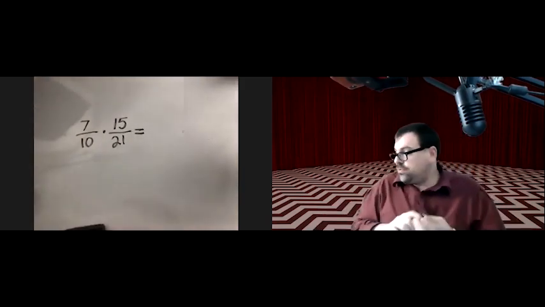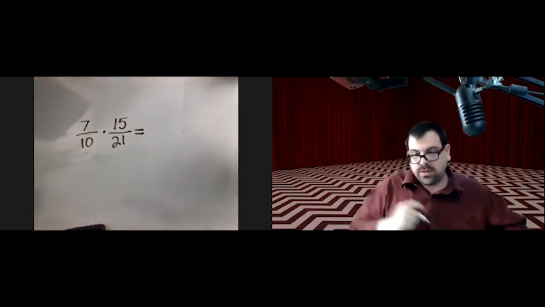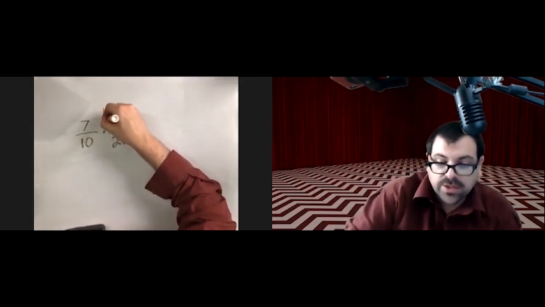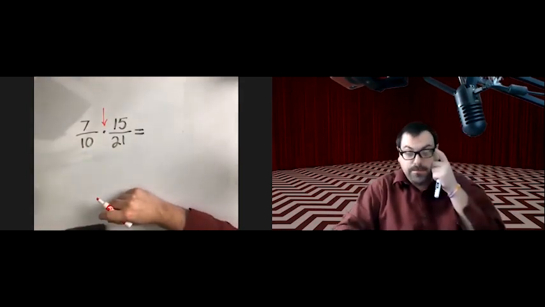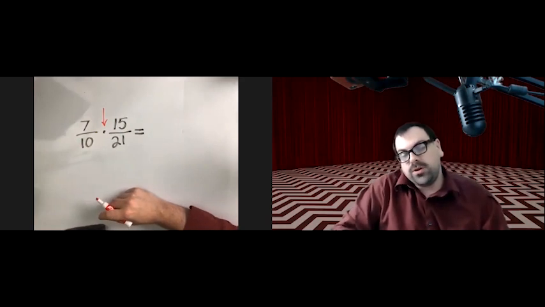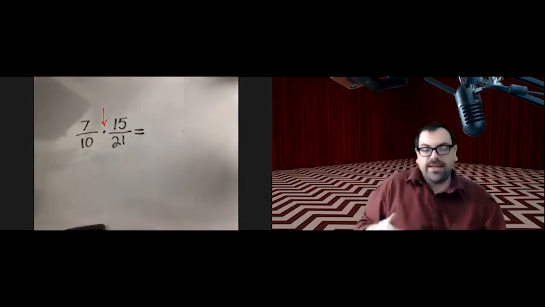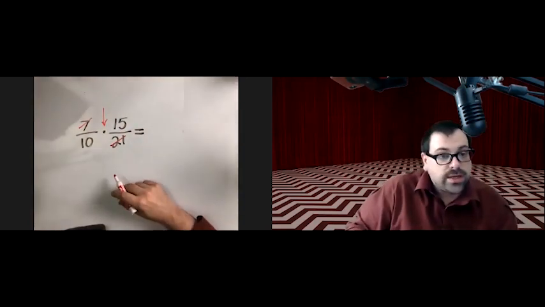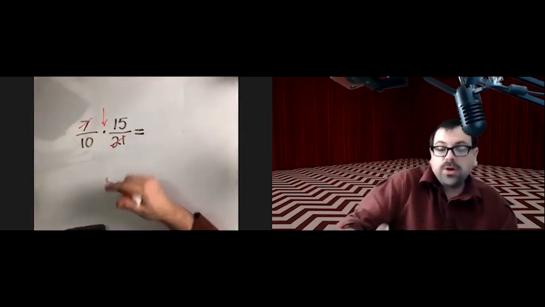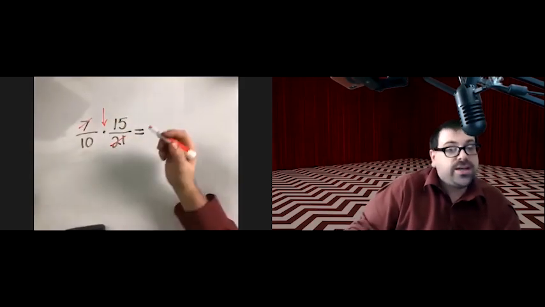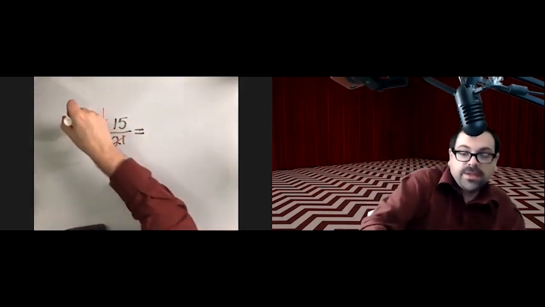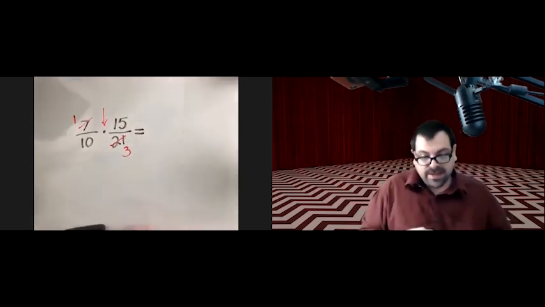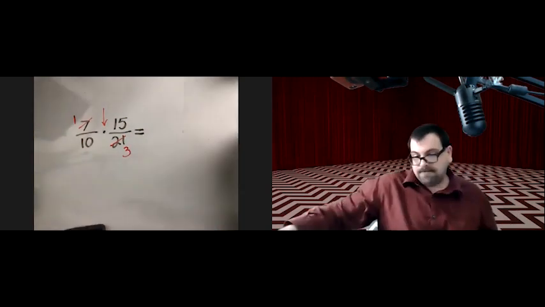We're able to look at our original multiplication problem, and this is something we can only do with multiplication, and reduce anything on the top with anything on the bottom. So for instance, 7 over 21 is 1/3. Or you can think 7 and 21 can both be divided by 7. 7 divided by 7 is 1. 21 divided by 7 is 3.